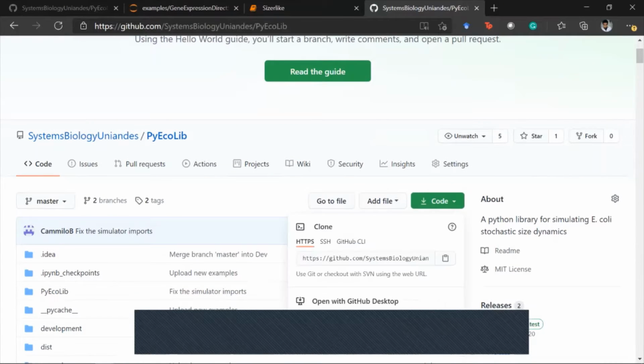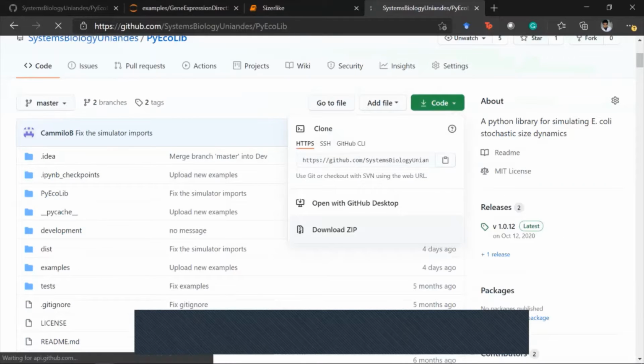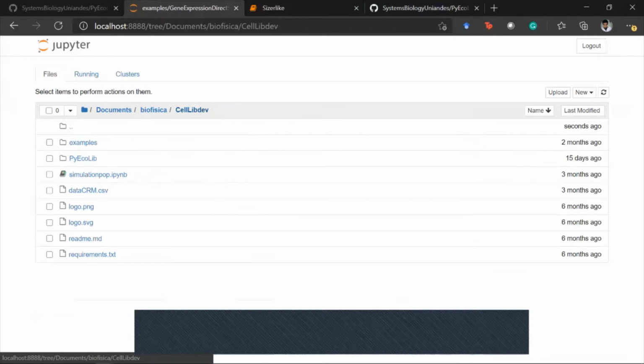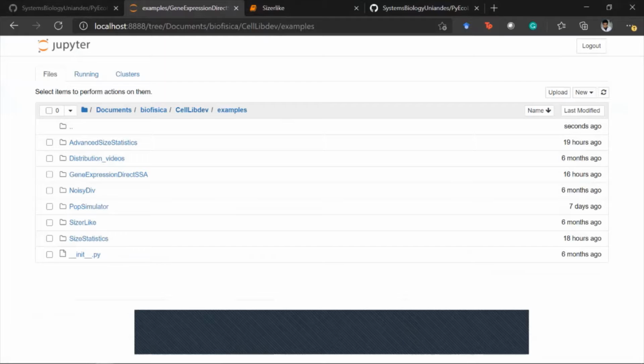You can download the main code, and after you download it, you can use your Jupyter notebook to explore some examples. Let me see here the examples folder, and we can get started using PyEcoLib.